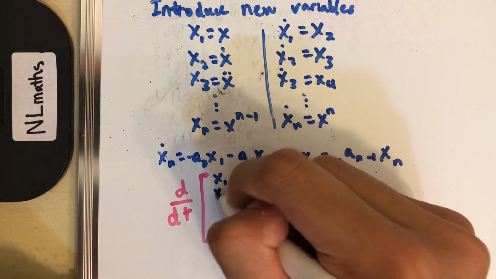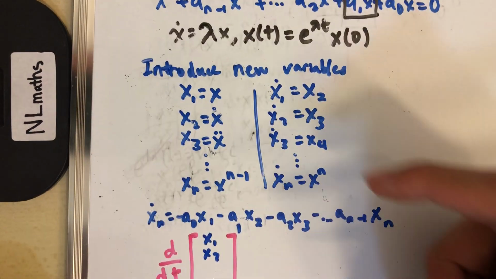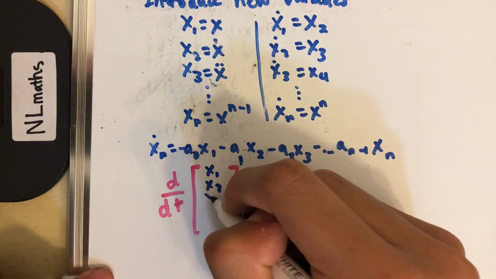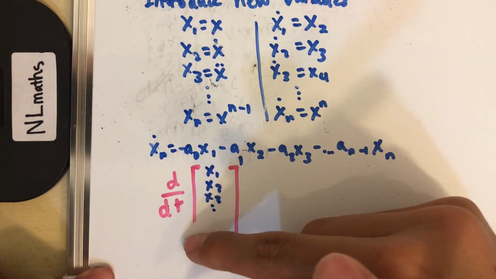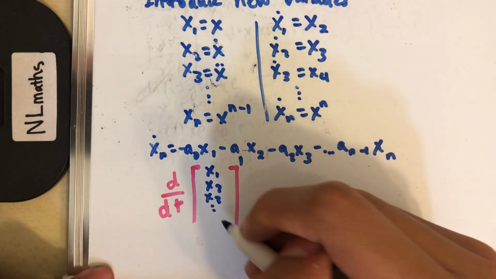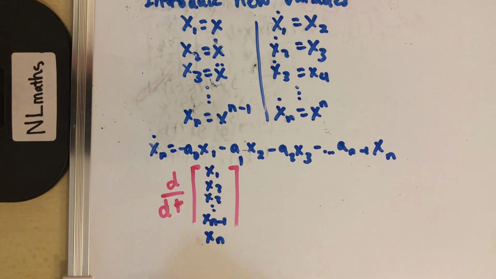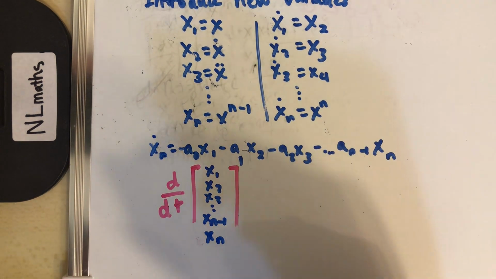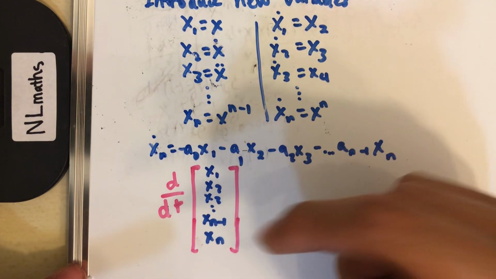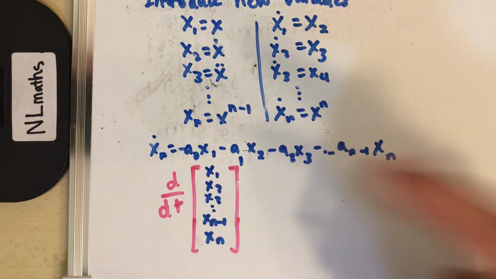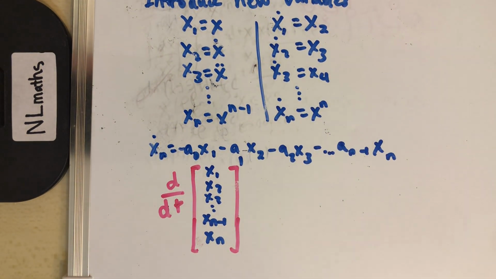This can include all the information about our original system, and you will see why later. Since x2 is like x dot, we can take the derivative of x, so we can get x double dot, and we'll see how it matches with our system.